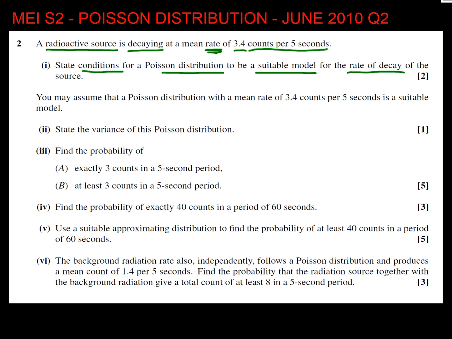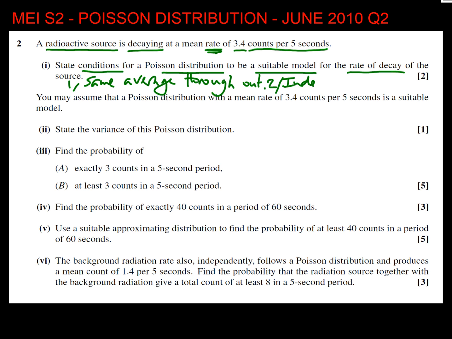Well, all Poissons, we've got two factors really, haven't we? We've got to have the same average rate throughout. There's a point for that. So number one, there's a point. Number two is events have got to be independent events.